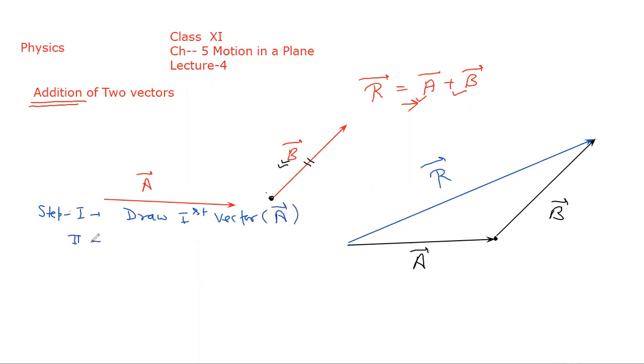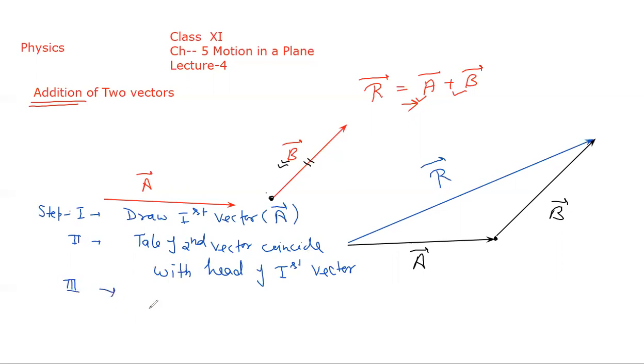In this question, the first vector is A. Step 2: the tail of the second vector coincides with the head of the first vector. Step 3: the tail of the first vector joins with the head of the second vector.